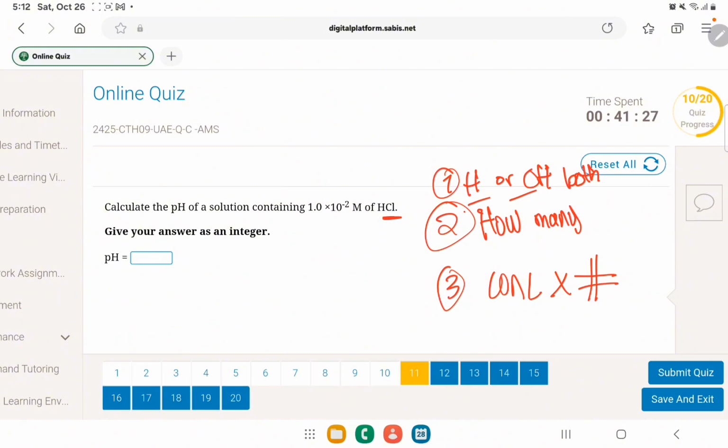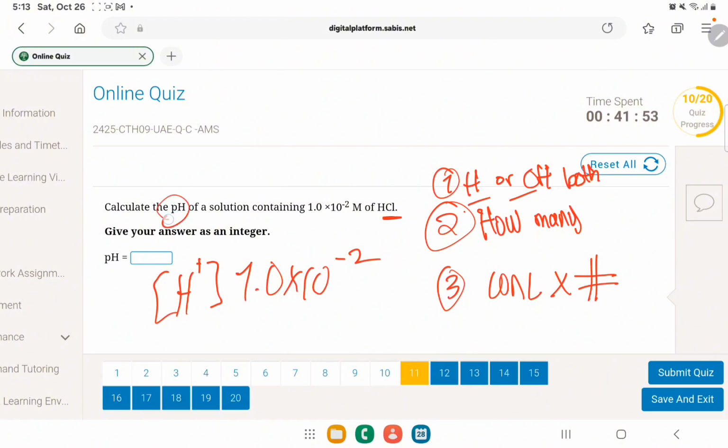No, it's just a 1. So there's only one H. Now the third step, you're gonna multiply the concentration, which is 1.0 times 10 to the power of -2, by the number of H's. So there's only one. We're gonna get the same answer, so 1.0 times 10 to the power of -2. So that's the concentration of H+.